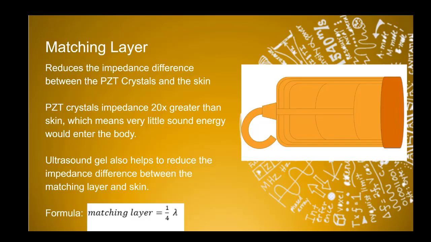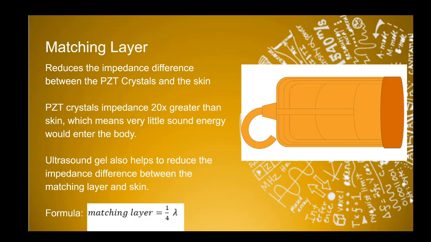So first we'll talk about the matching layer. What the matching layer does is reduce the impedance difference between the PZT crystals and the skin. So remember back to chapter 6, we talked about impedance. When there's a big impedance difference, we have big reflection. And if we have a large reflection, that means we can't get a lot of sound into the body.